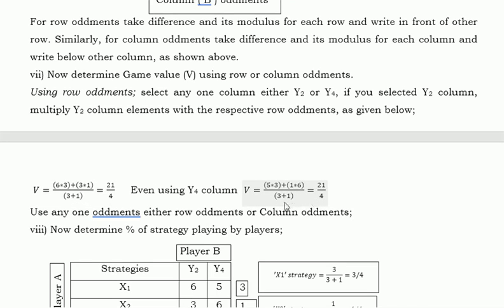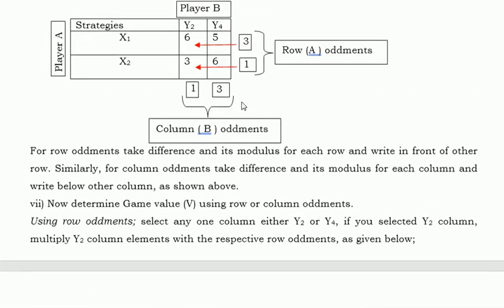In an examination you can do that cross check, or else you select one column for the row oddments and one row for the column oddments. Even by column oddments you will get the same value. Select any one row: 6 into 1 plus 5 into 3, 15. 15 plus 6 is 21, divided by 4.